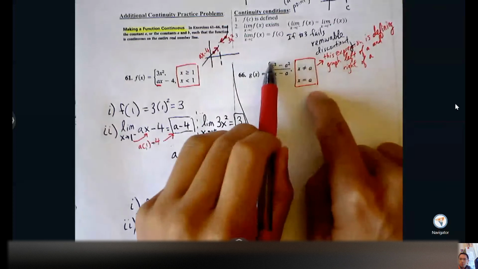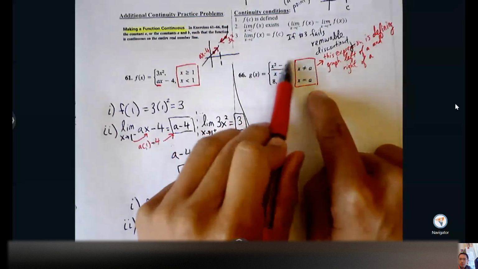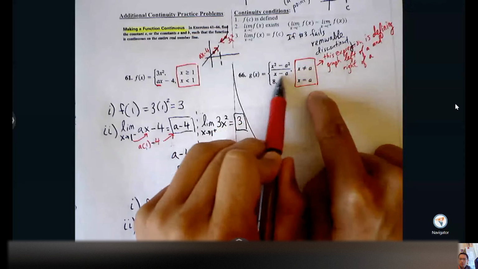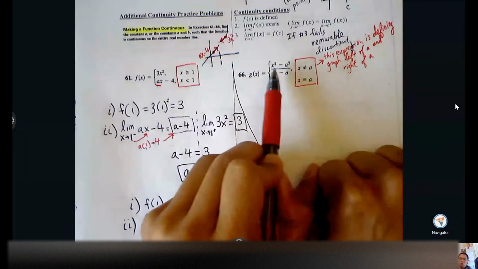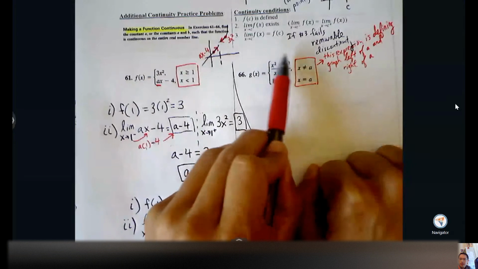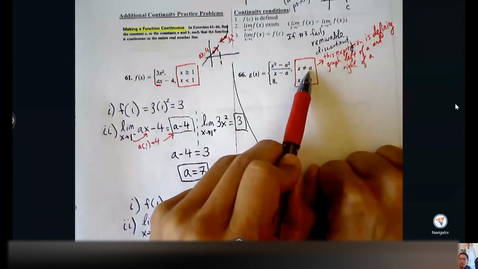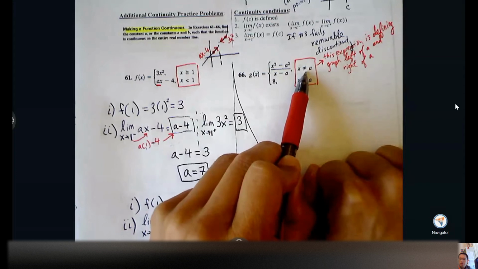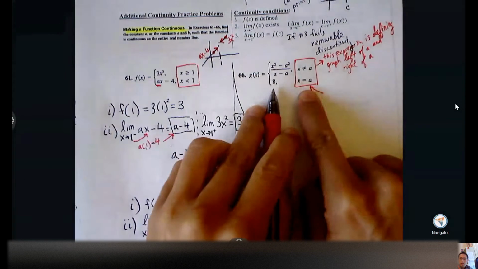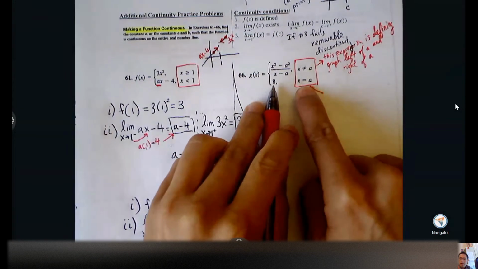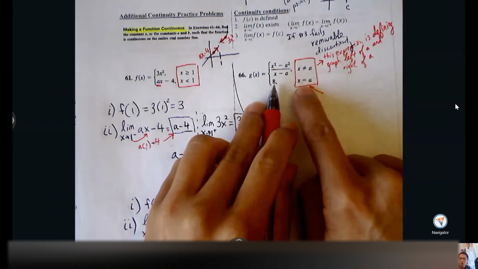So both sides of a are going to be nicely compacted into this expression. Now, the only place that this is not defined is at a. So there's a potential hole that may or may not get filled in by the second piece, but this piece is not a connected part of the graph. This piece is just a point.